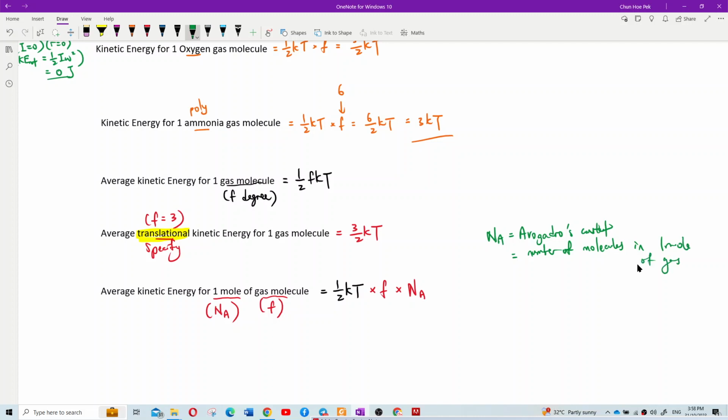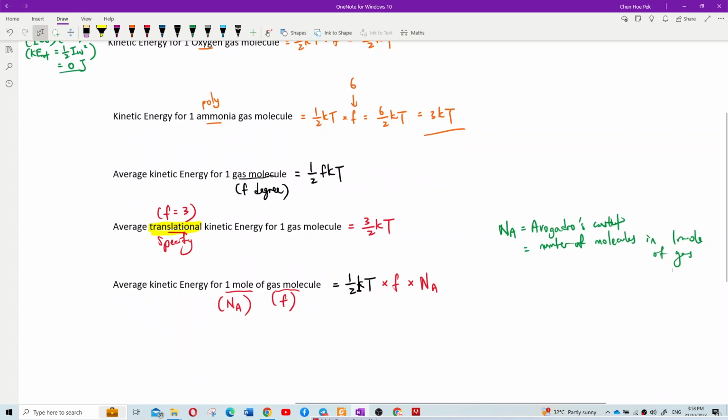Understand, class? That's why you multiply by N_A, because 1/2 fkT is only for 1 gas molecule. If you want to find 1 mole, you must multiply by the number of molecules in 1 mole. Understand, class? Give me a thumbs up. Good.